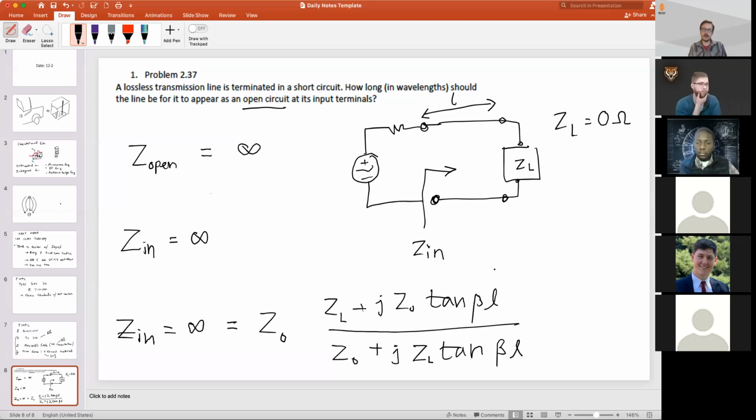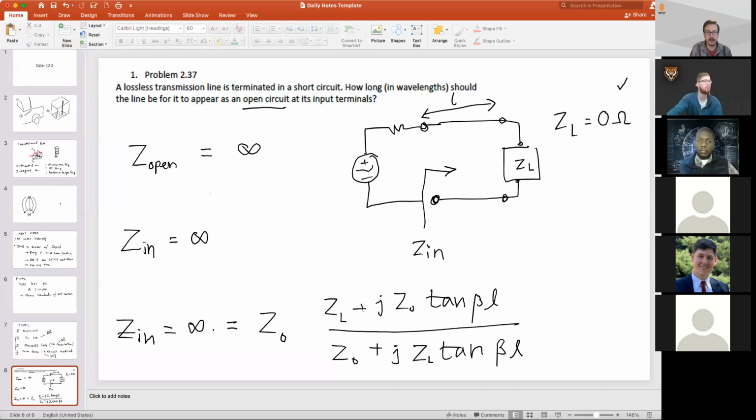Okay, so what can this simplify down to? We know that the load is 0. What does this simplify into? On your paper, see if you can write a simplification of this Zin.